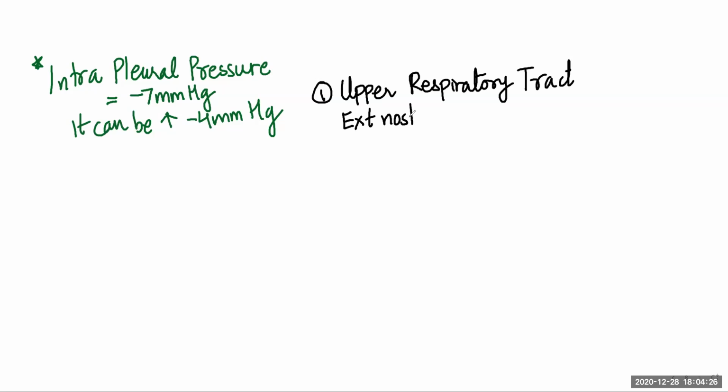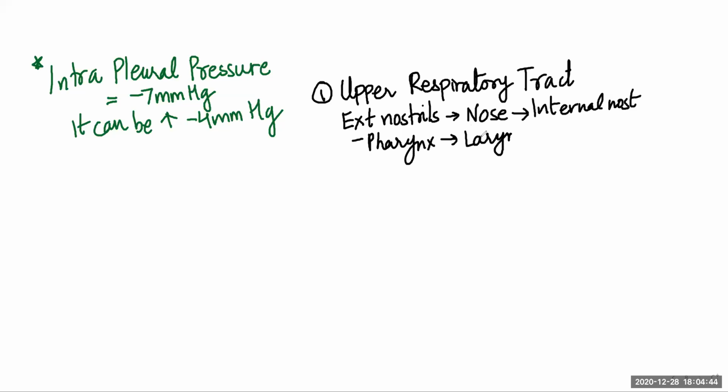Upper respiratory tract कहाँ से शुरू होता है? External nostrils, मतलब nasal parts, internal nostrils, ठीक है? Pharynx and larynx is called upper respiratory tract. अपर रेस्पिरेटरी ट्रैक्ट इसको बोलते हैं.